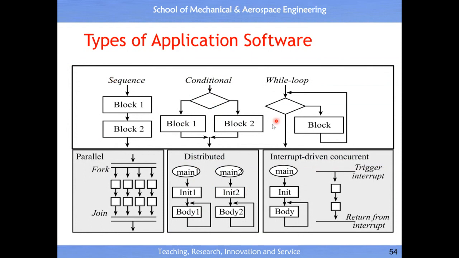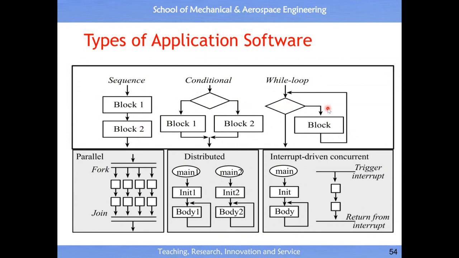And for typical applications, a way for you to implement them is in terms of the block diagram. These are the 3 typical types of block diagram: in sequence or series, condition, and loop control. When you mix all this up, you can create very complicated applications.